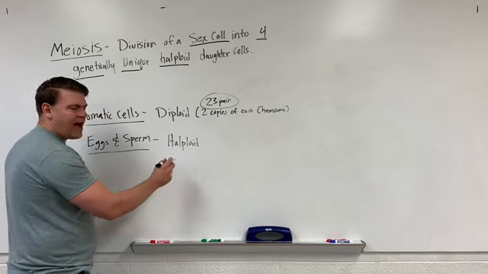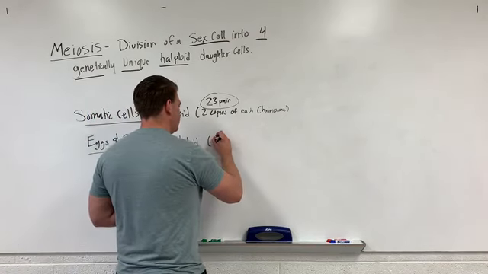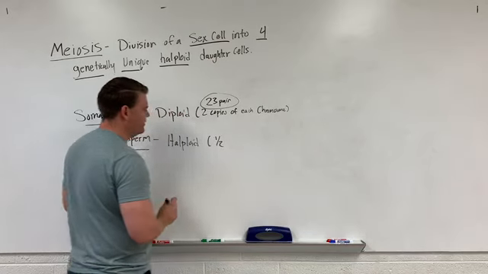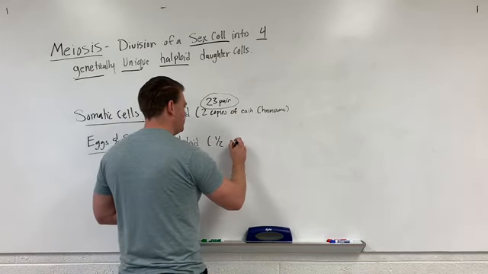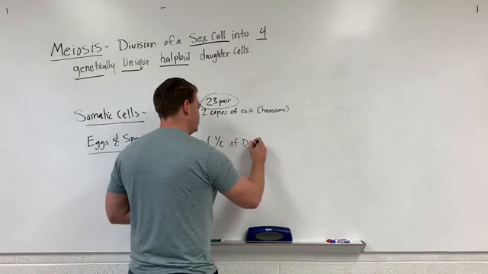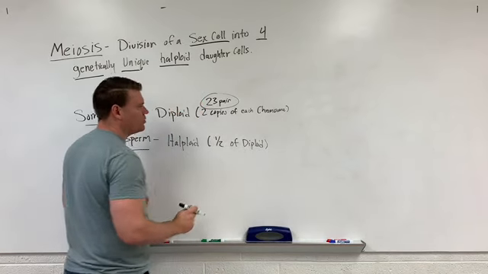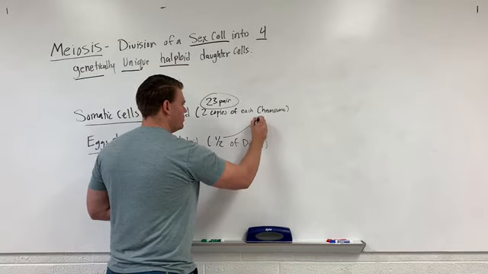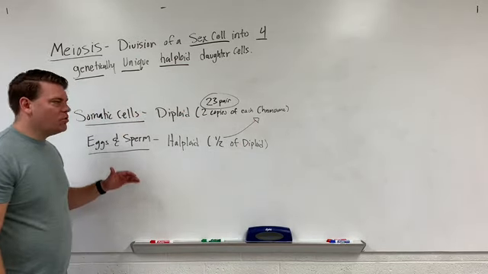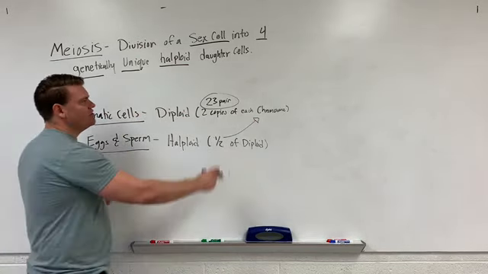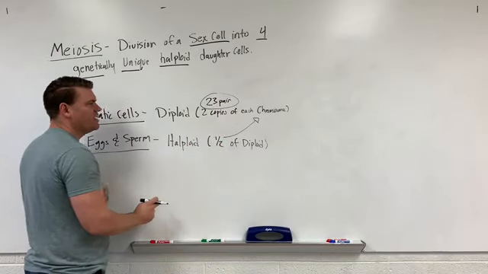All right, so haploid is half the amount of diploid. So half the amount of the chromosomes of diploid.